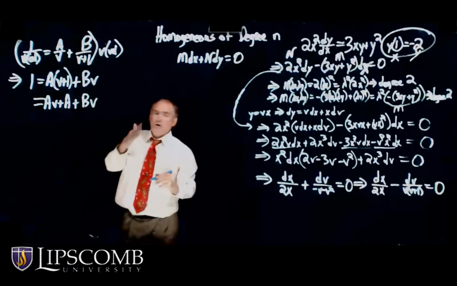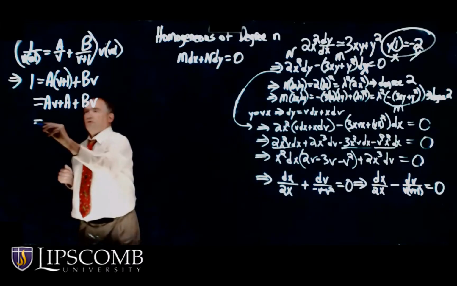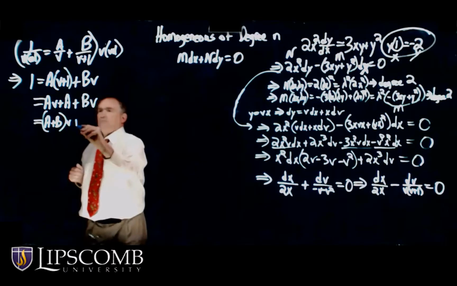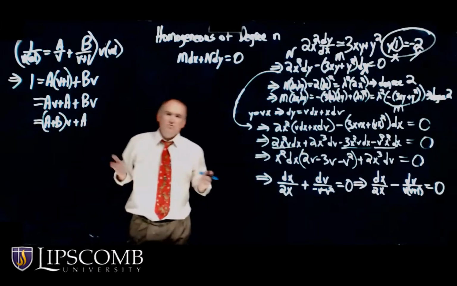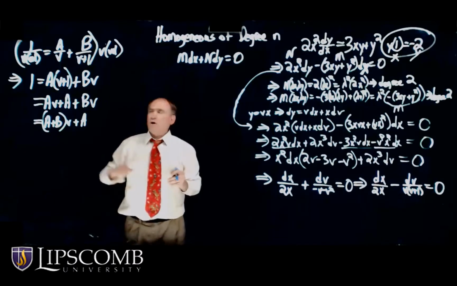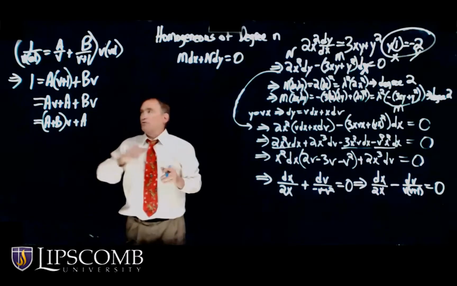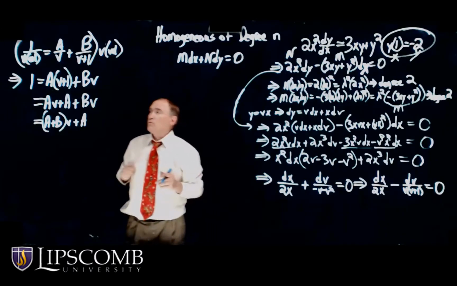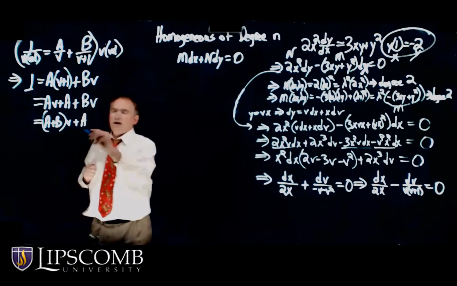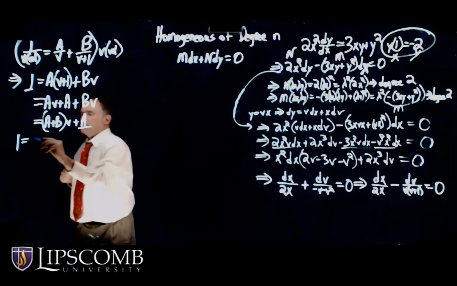Now, put like terms together, so this would be (A plus B) times v plus A. Now this is where I like to say set kumquats equal to kumquats, oranges equal to oranges, apples equal to apples, watermelons equal to watermelons. So the constants I have are 1 on that side and A on that side. So that one's easy. 1 equals A.